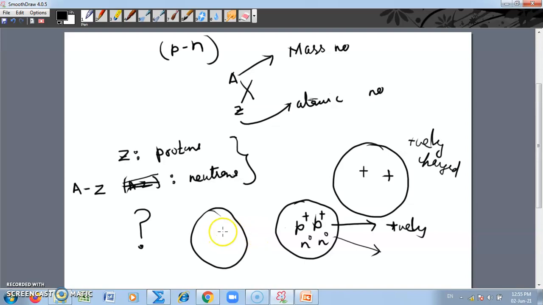So inside the nucleus, so many things came up as to how the electrons came out. They came to know that maybe electrons are born here and they come out. They cannot reside here, but they come out.